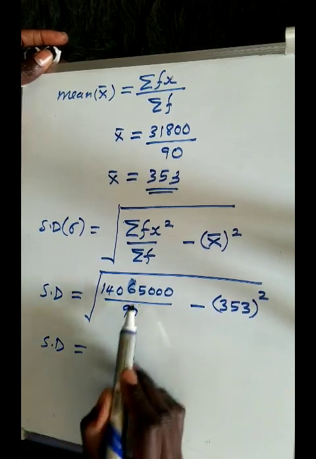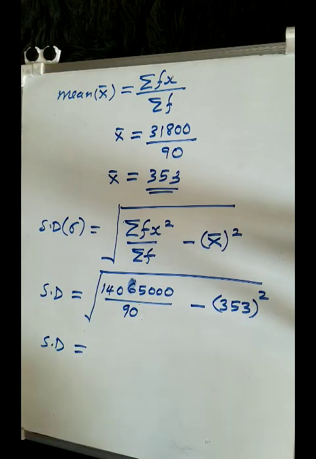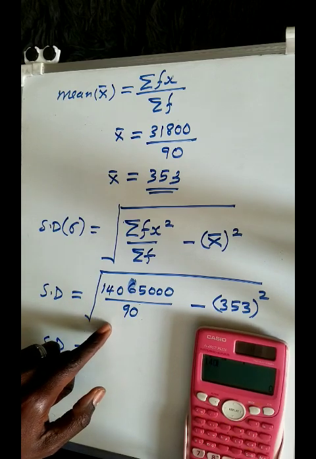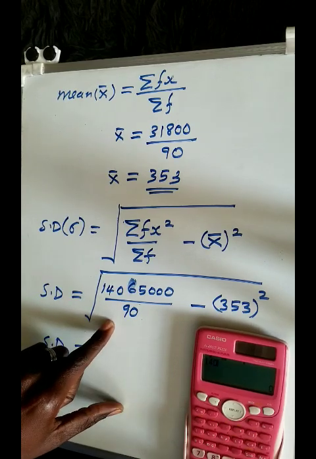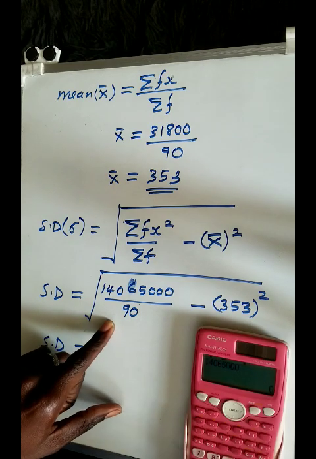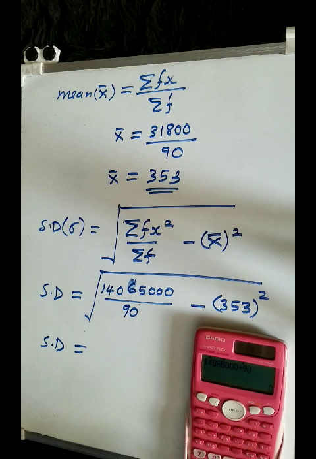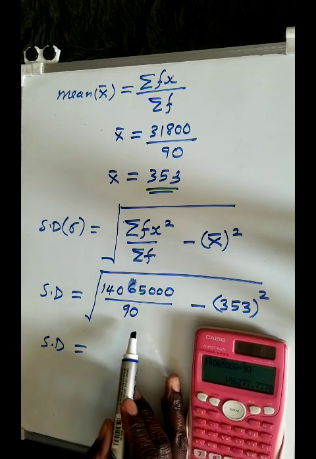So the standard deviation, the first thing that you can do is divide. Get that value 14,065,000, then you simply divide that by 90. So when we divide it by 90, what are we getting there?